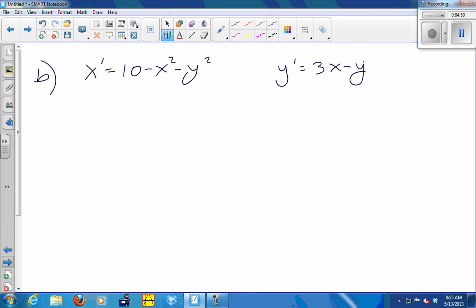So to determine the type of the equilibrium point in a nonlinear system, you have to linearize at the equilibrium point, which means throw out any higher order terms. Which we do by making the Jacobian matrix, which is df dx, df dy, dg dx, dg dy.